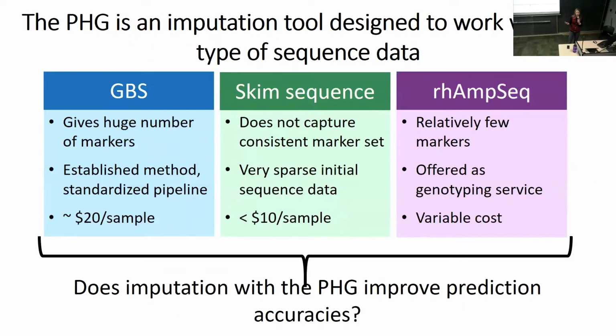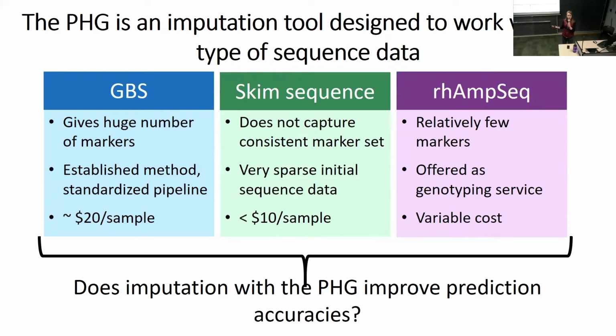Now, last year, I put up a slide and I said, okay, the practical haplotype graph is really designed to be an imputation tool. It's been designed to work with a lot of different types of sequence data. And I used GBS as an example of that. I showed that we can use GBS for genomic selection in Gaël's breeding program, and we can also use that same sequence data with the practical haplotype graph in Gaël's breeding program.